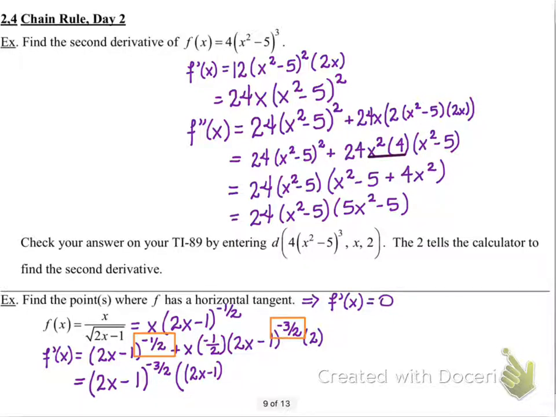Our second term would be x, let me underline it just in case. x times negative 1/2 times 2. This whole thing goes away because we pulled out a negative 3/2. Okay. x times negative 1/2 times positive 2 would just be negative x.